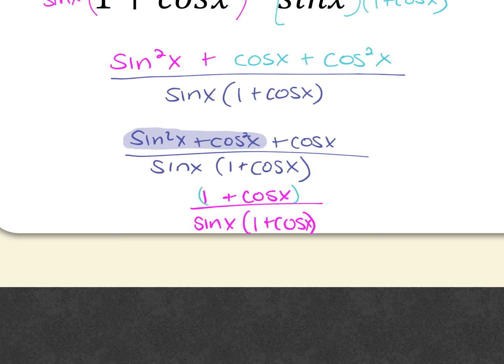So this whole thing matches this whole thing. I can't break apart part of it. I can't cross through the cosines, but I can cancel the whole thing out. And I'd end up with 1 over sine of x, which is what? Good. Cosecant of x.